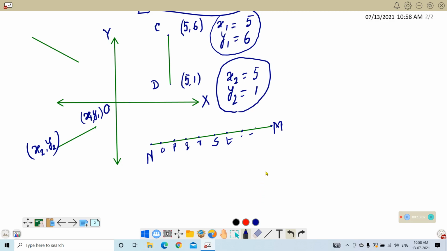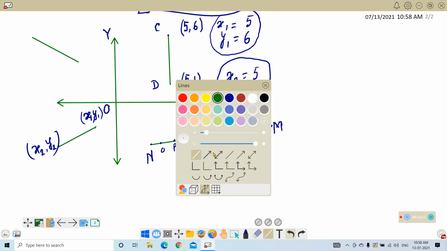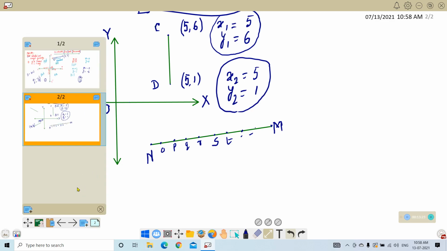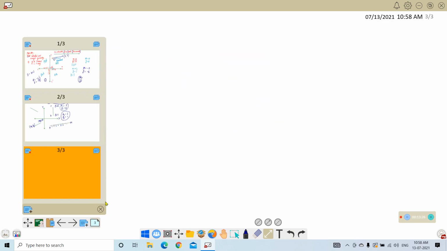Now, the next topic of discussion is increment. So, what is increment? We'll take another page.